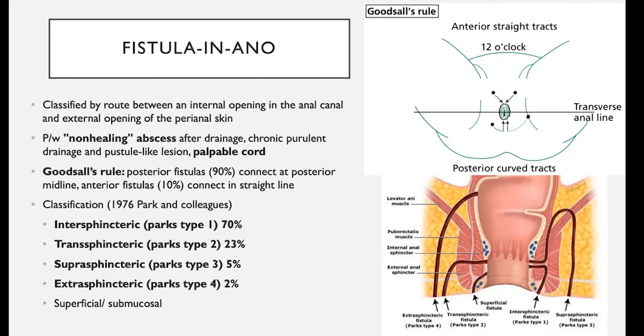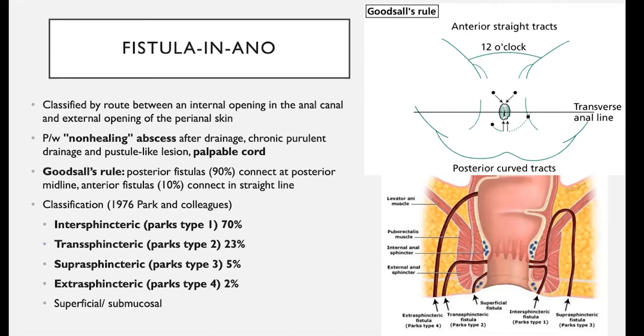The rule is that anterior fistulas to this line typically go to the anterior midline, and they have a straight tract. Posterior fistulas, where the external opening is posterior, typically have the internal opening in the posterior midline, so they have a curved tract instead of a straight tract like the anterior fistulae.